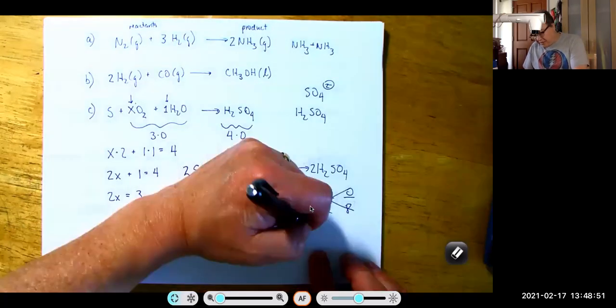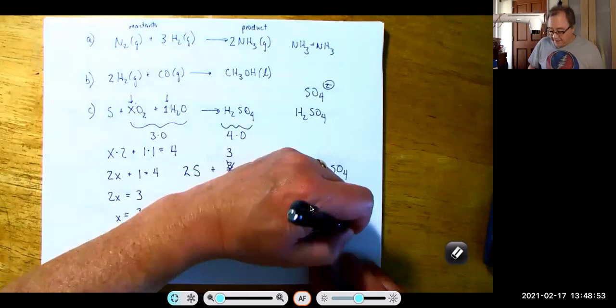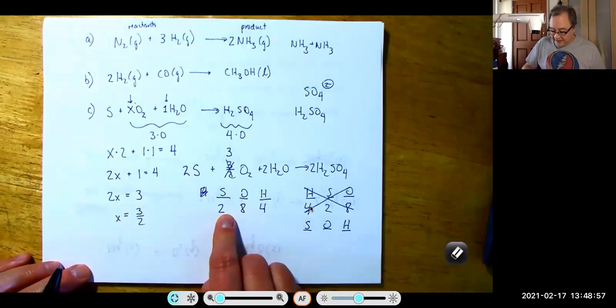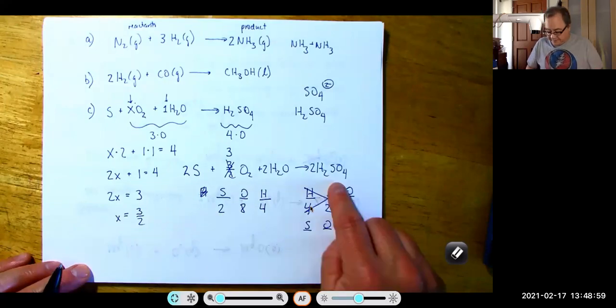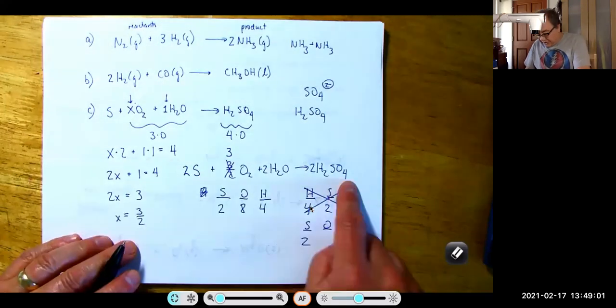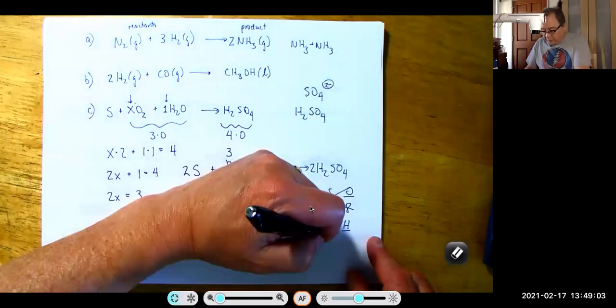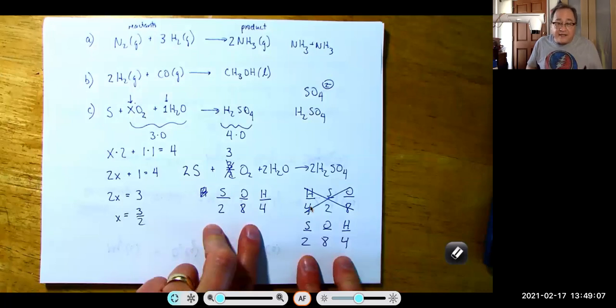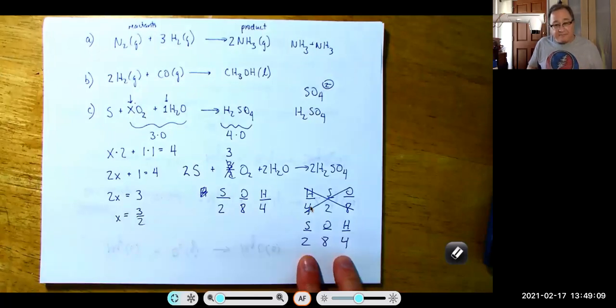And the answer is no. If it were me, I'd make the list the same way I did on this side. And I'd find 2 sulfurs, 8 oxygens, and 4 hydrogens. And when I compare these two lists, it's very easy to see they are the same.